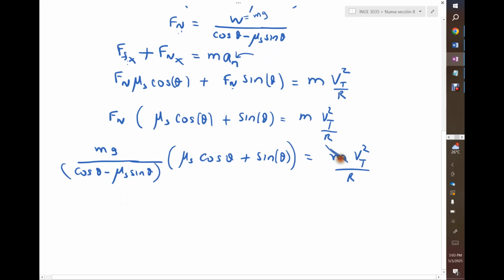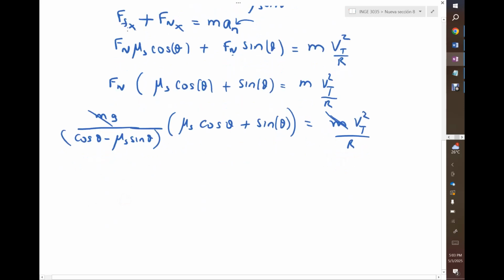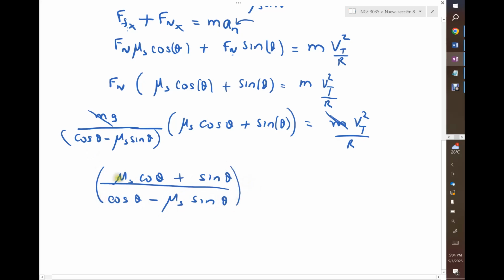The m cancel out, kind of nice, and we end up with something like this. So mu s cosine of theta plus sine of theta, divided by cosine of theta minus mu s sine of theta, and then that multiplied by g, has to be equal to bt, the tangential velocity squared, over r.